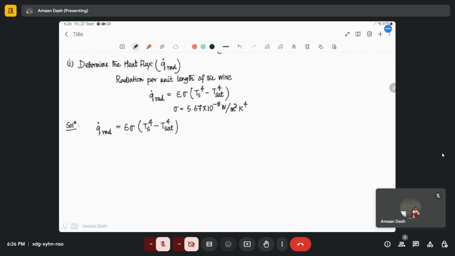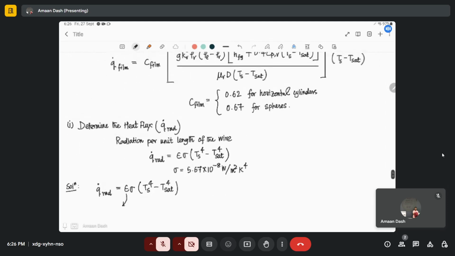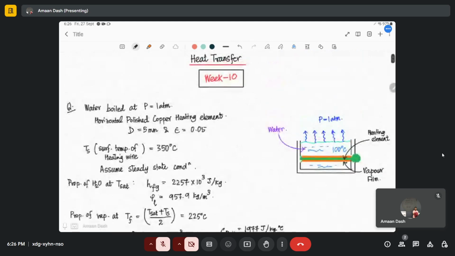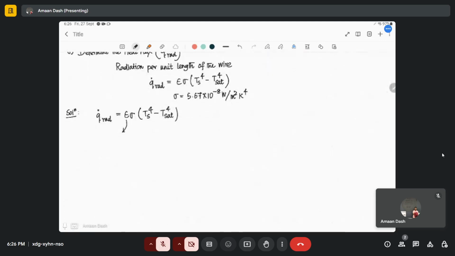This epsilon value is already given, 0.05, and sigma is 5.67 times 10 to the power of minus 8.